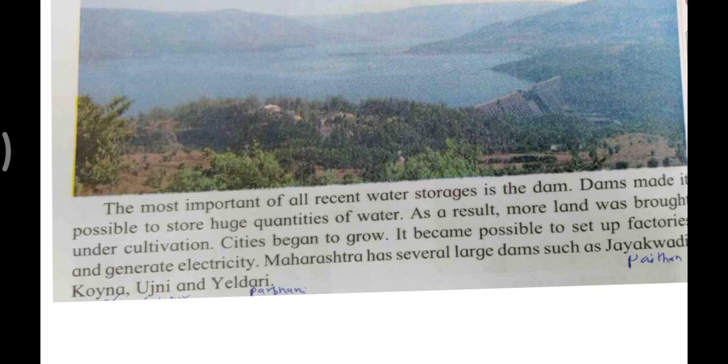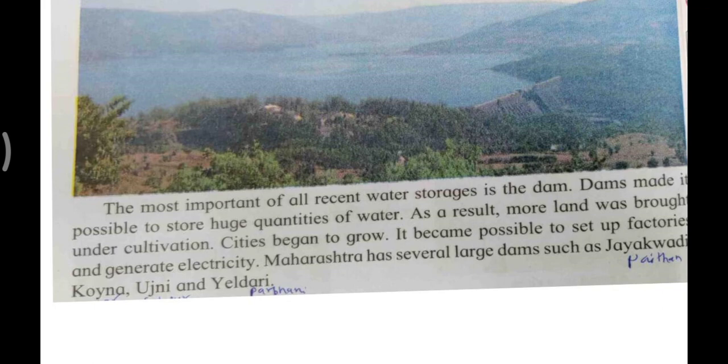Do you see this picture? Do you see there is a big thick wall? Because of this wall the water is held back and a reservoir is formed, correct? So this is called a dam.